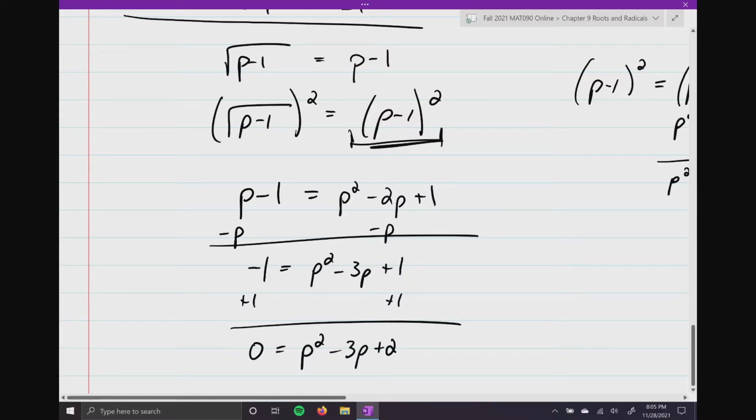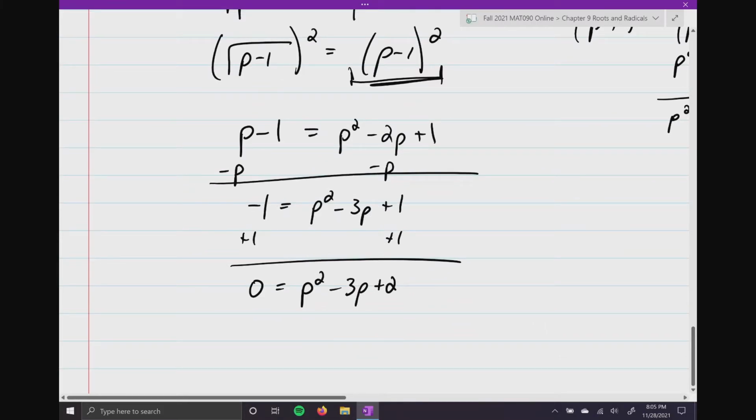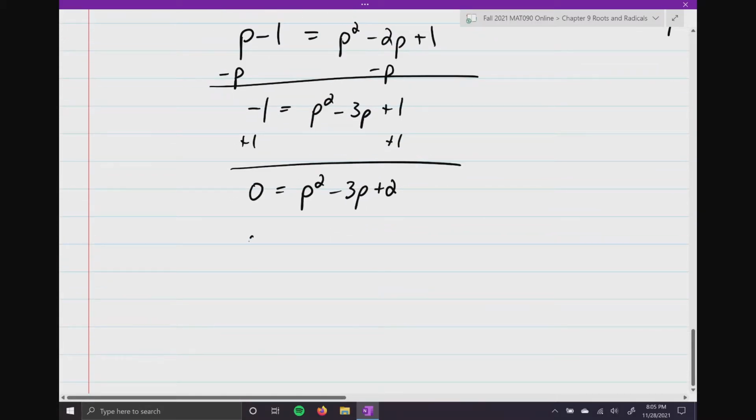That's going to give me 0 equals p to the second minus 3p plus 2. The reason I have to get it equal to 0 is because to solve a quadratic, you factor. So 0 equals p minus 1 times p minus 2. Now, we set each one of these factors equal to 0.